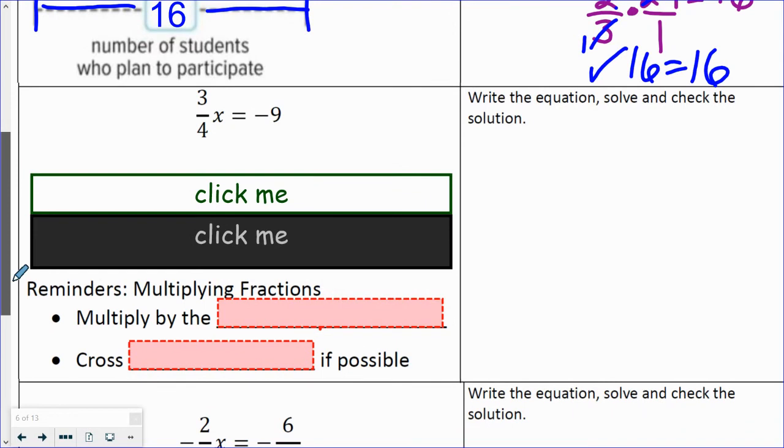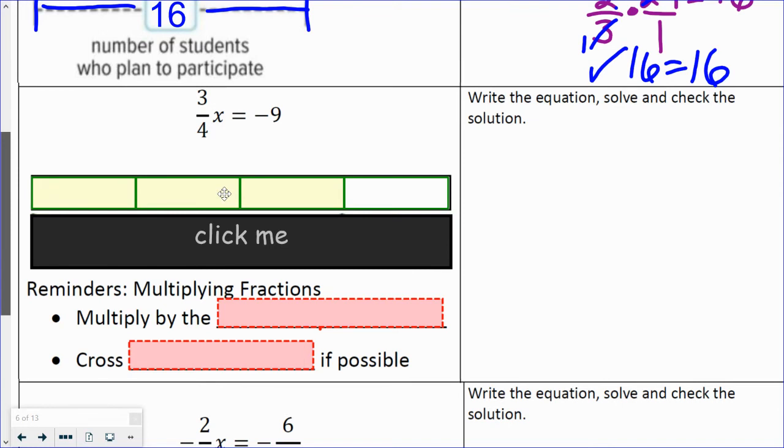All right. So now we have another one, but this one has a negative in it. All right, so 3/4 of x equals -9. Okay, so if we have that, we need to know that we have 3/4 of something.